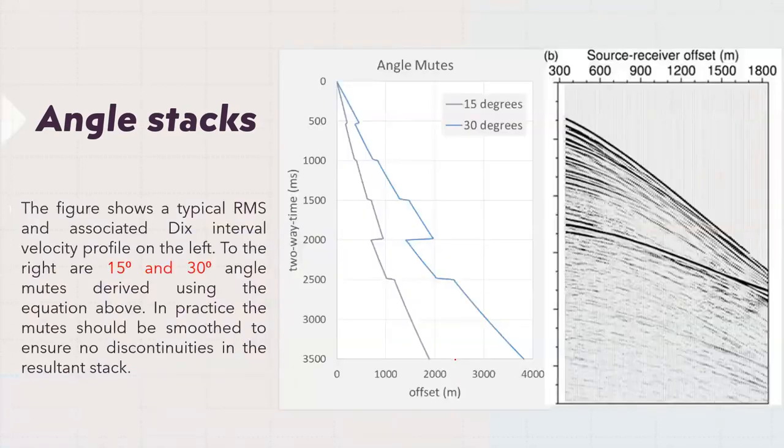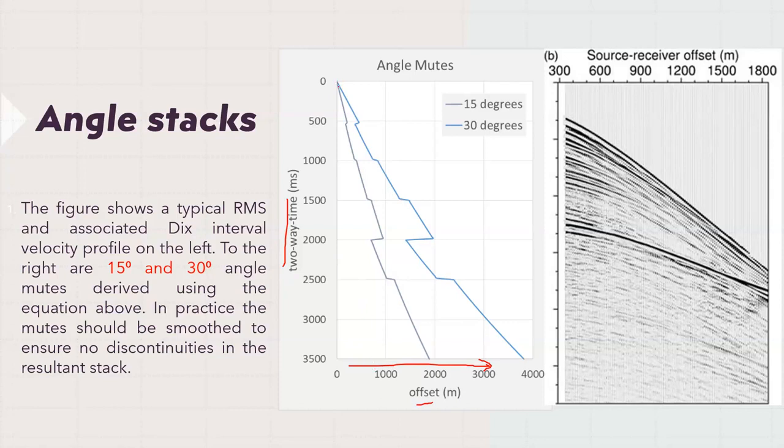Let's look more at the angle stack. In this figure, on the x-axis we have the offset and on the y-axis we have two-way time. Normally, this is how we do the division of the offset or the angle stack.